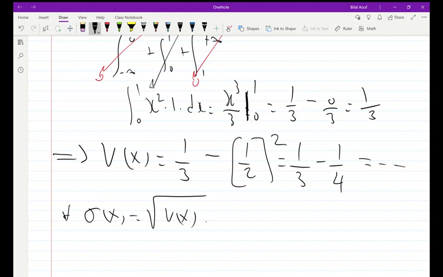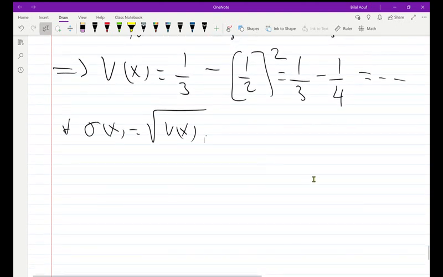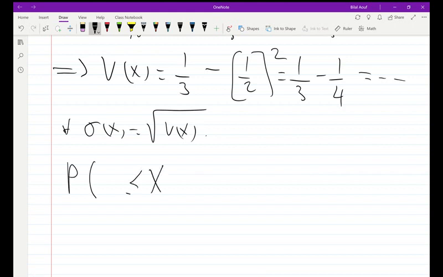Now, if I ask you to calculate, for example, the probability between any two values, say the probability of x between minus 1 and 0.5, for a continuous random variable you always have to use the integration.